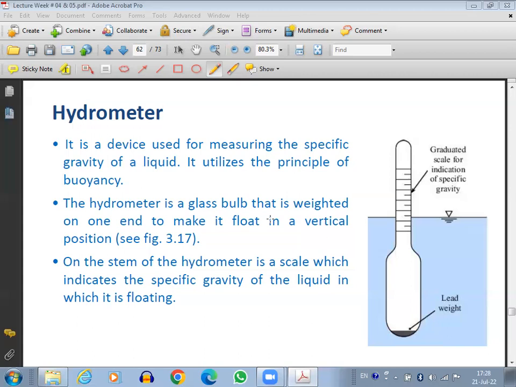First, we dip the hydrometer in water and see the reading, and we make it 0. Then we dip it in any other fluid. If it dips more than that, then that fluid is lighter than water. If it dips less than the mark of water, then it is heavier than water. Based on that, we can calibrate it to find the specific gravity of the fluid.